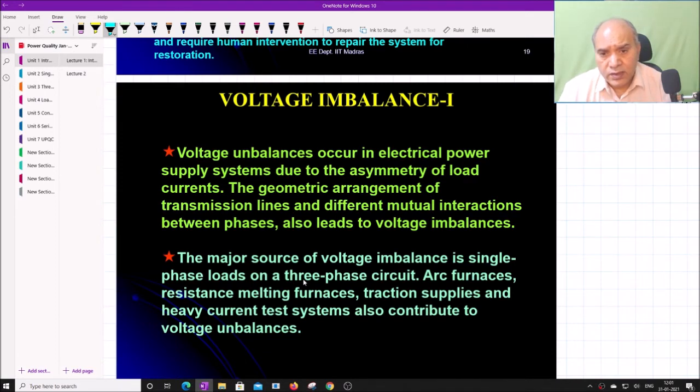Okay, these may be caused because of asymmetry of load current, the geometric arrangement of transmission lines, and the mutual interactions. Also, the major source of voltage unbalance or imbalance is single phase loading or unequal loading on the phases.